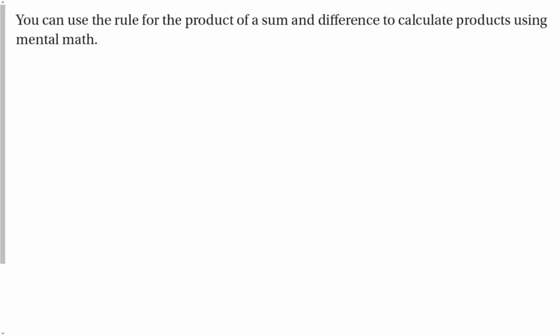Again, if we so desired, we could use the rule for a product of a sum and a difference to calculate products using mental math. So if I wanted to multiply 64 times 56, and I did not have a calculator, I could figure out what number is exactly in the middle between 64 and 56, and it is 60.